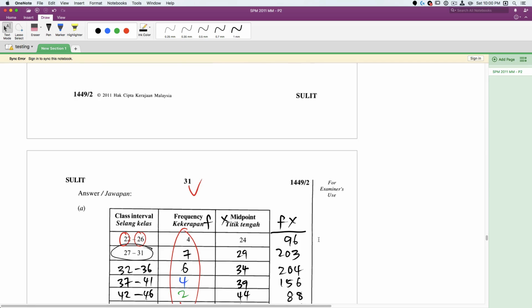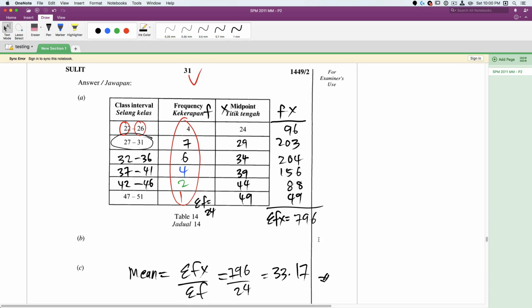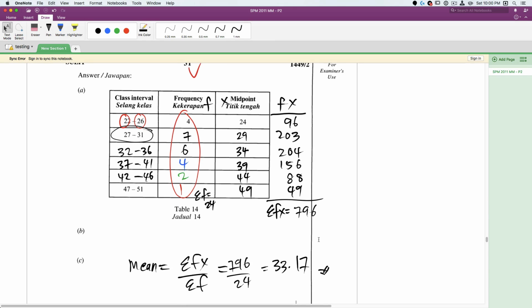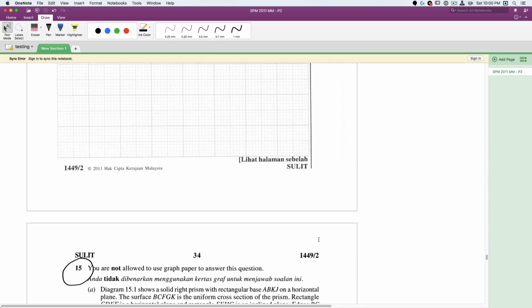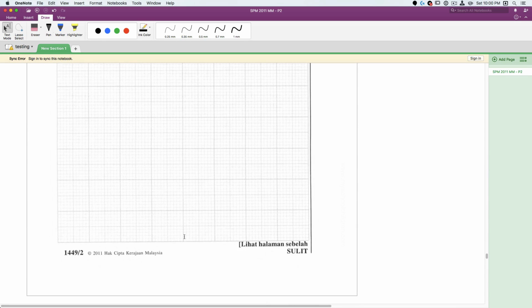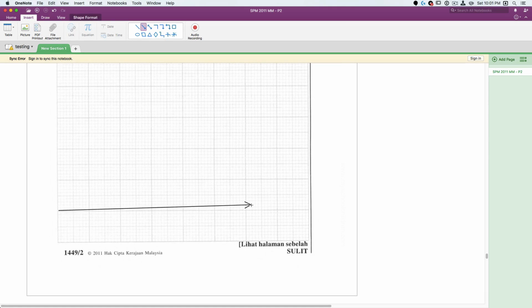Okay, then I go to the histogram. I will use the midpoints, 24, 29. In the histogram here, maybe I can draw like this. Let me just insert some lines. I will need some lines here. Should be enough.